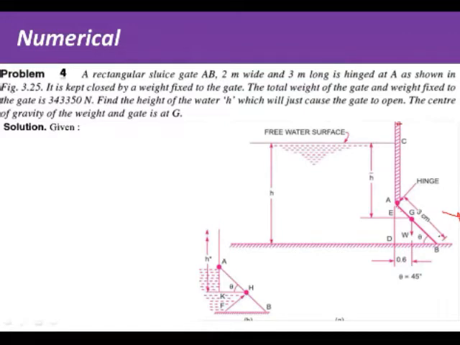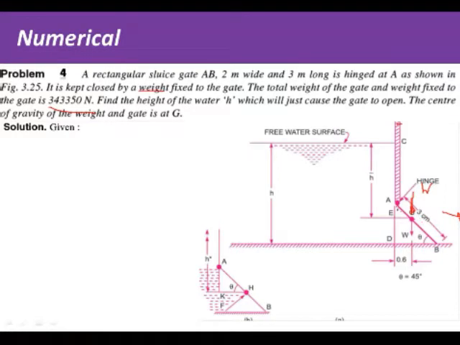In order to keep this gate in closed position, there is some additional weight applied on the gate. So the total weight applied is the sum of the weight of the gate as well as the external weight applied at point G. That total weight applied to keep the gate closed is 3,43,350 Newton. This W is applied at point G.